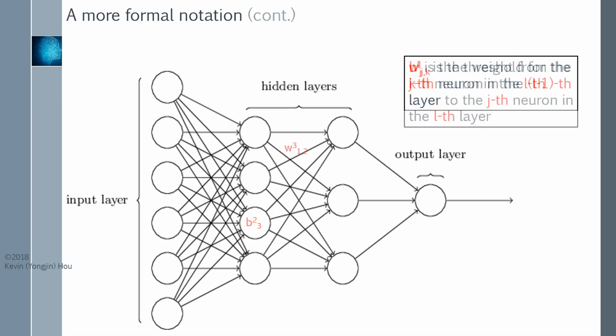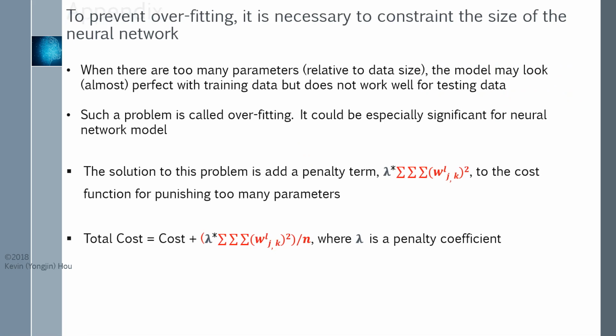Anyway, to make the weights really clear, to find out where they are coming from and where they are going, we need 3 letters, and that's why when we sum the weights we need 3 sigmas, because each letter itself is also a variable. They go from the first to the last, where the last could be the last layer or the last node in the layer, something like that.